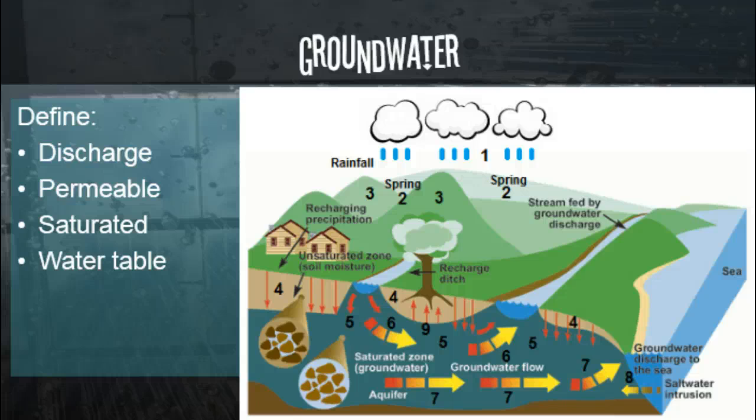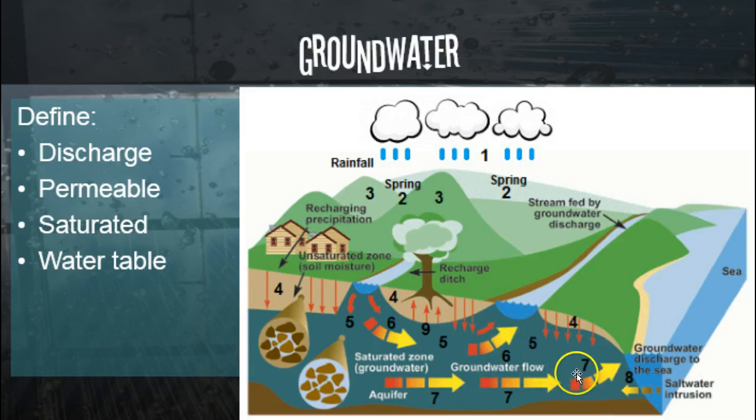Right, so with our groundwater, remember we talked about most of it is stored in these aquifers. So when we talk about groundwater in these aquifers, there's a couple words that go along with this. If we talk about discharge from an aquifer, that's any time that we're getting water basically out of the aquifer. So you're discharging it if you're drilling a well.